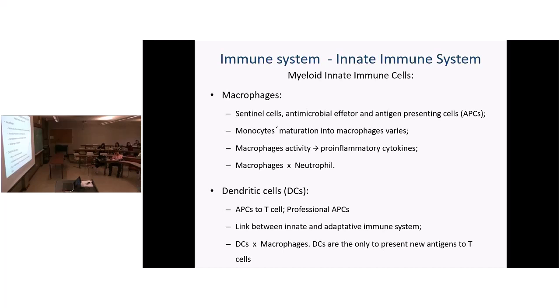The only thing they do is get some of these molecules from the pathogen, process them, and look for other officers, such as the T cell, and present those receptors there. In this case, they have major histocompatibility complex 2 receptors to those T cells.